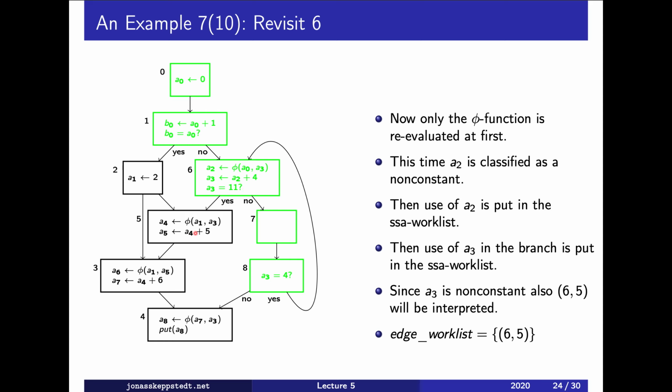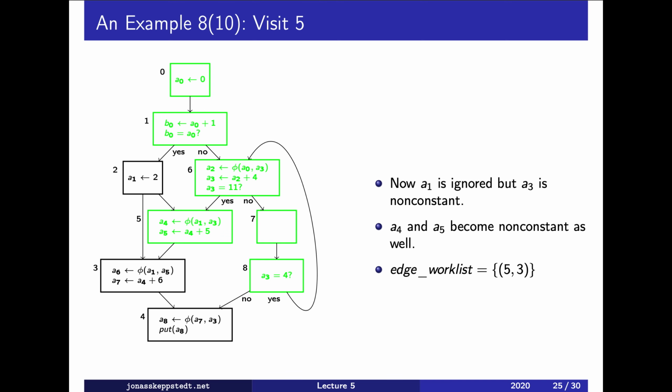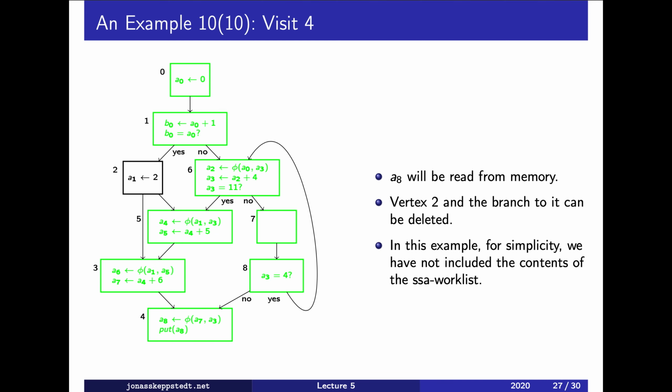And well, we interpret this in a similar way, and we can fast forward, I should say, and we will eventually get down here, and A8 is not a constant. This is all that happens during the interpretation. This vertex can be removed, and of course this conditional branch, so we can just branch there.